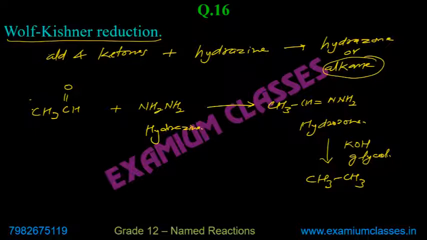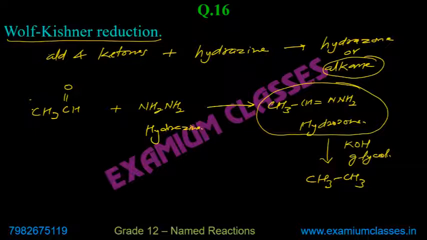Now, sometimes in this reaction, this hydrazone step might be missing. But this step is very important because sometimes it is asked, specifically in JEE, they are very fond of hydrazine and hydrazone. They will specifically ask which particular compound will be formed or hydrazone is formed by reacting that.